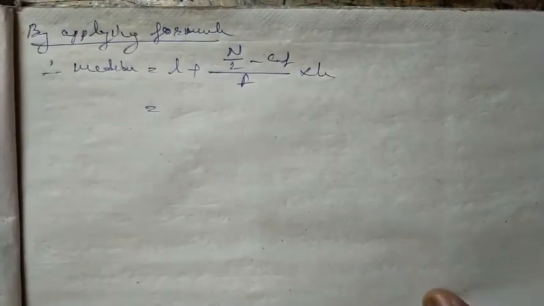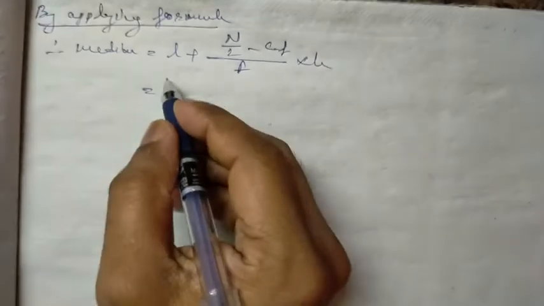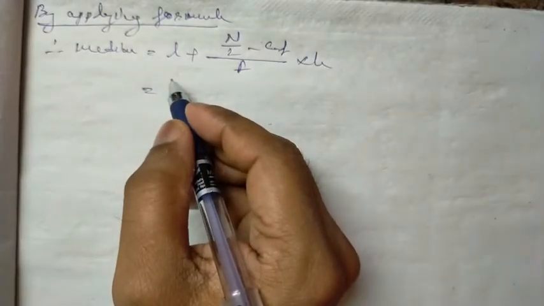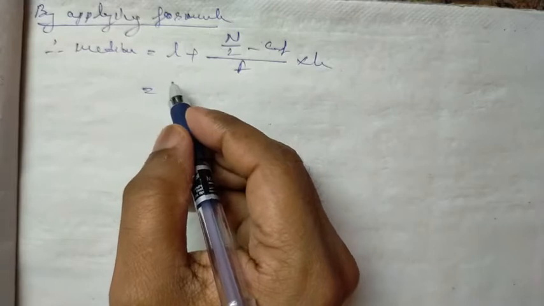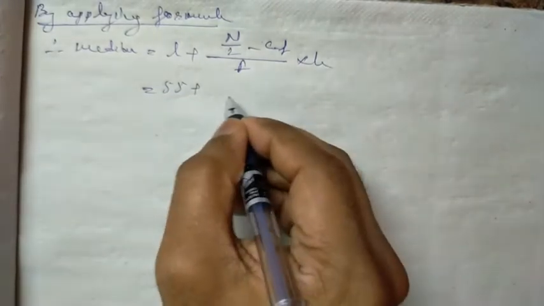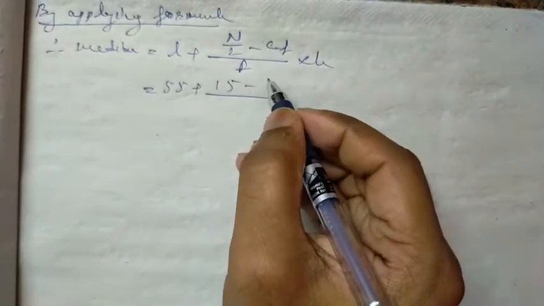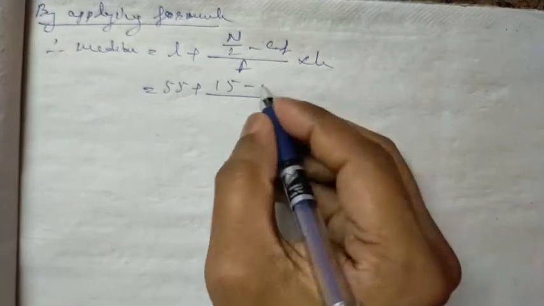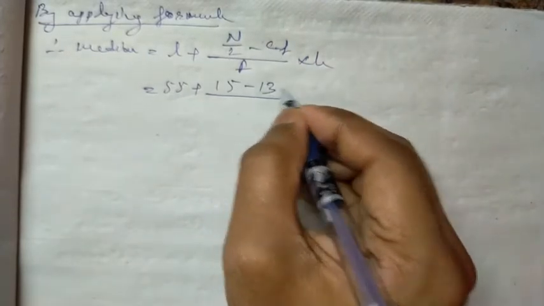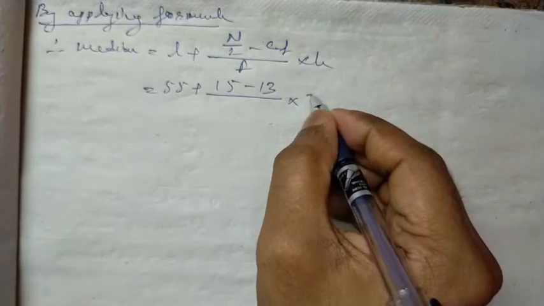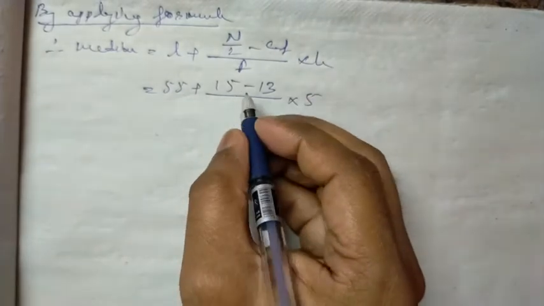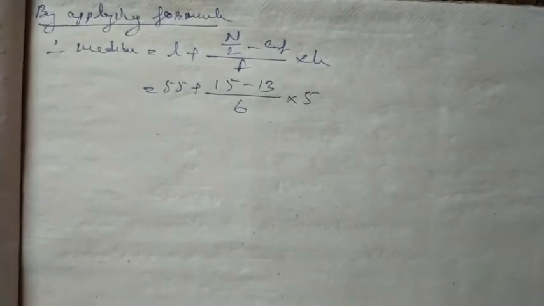L is 55. n by 2 is 15. CF, the cumulative frequency, is 13, the class size is 5, and the frequency is 6. I took the values from here.